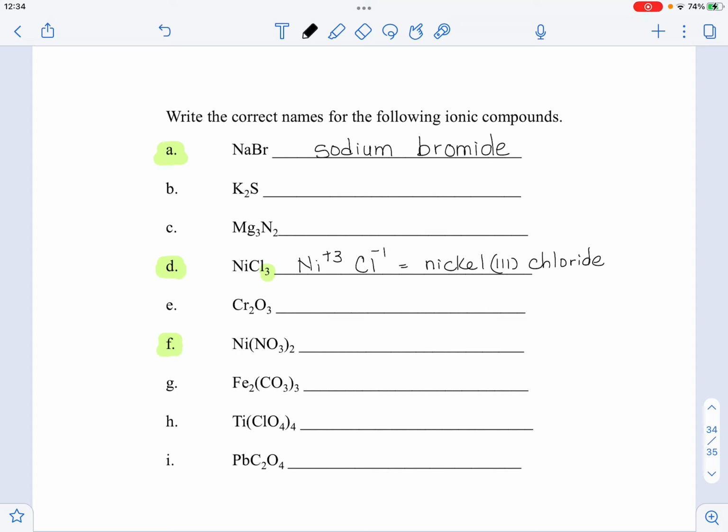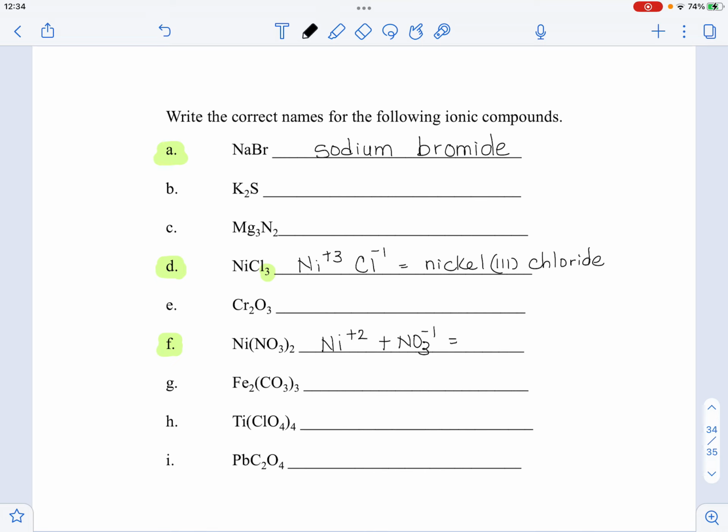Lastly, I also have a nickel compound, and in this nickel compound it is now paired with something in parentheses. If you're familiar with those tables, you will see that NO3 is actually nitrate. Because we have a metal that lives in group B, we need to break this into ions. This is Ni plus 2 plus NO3 minus 1.